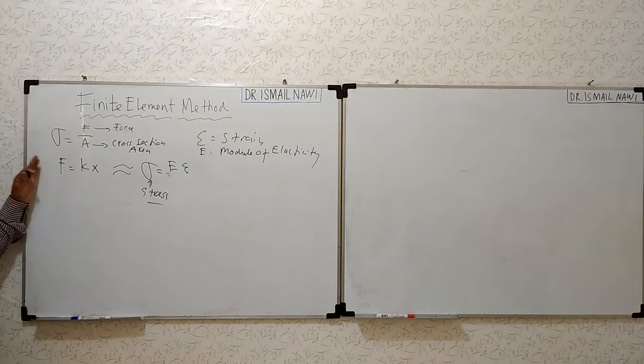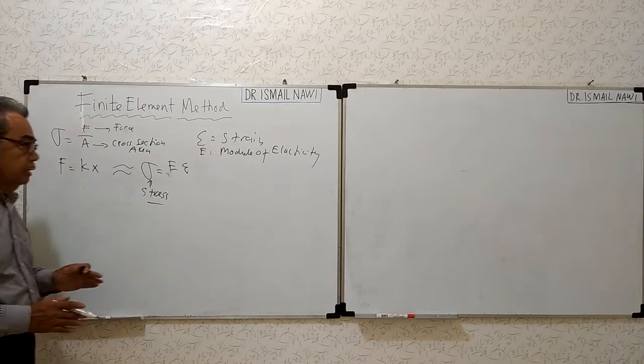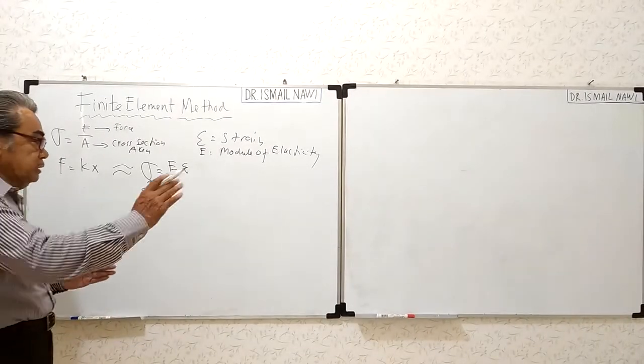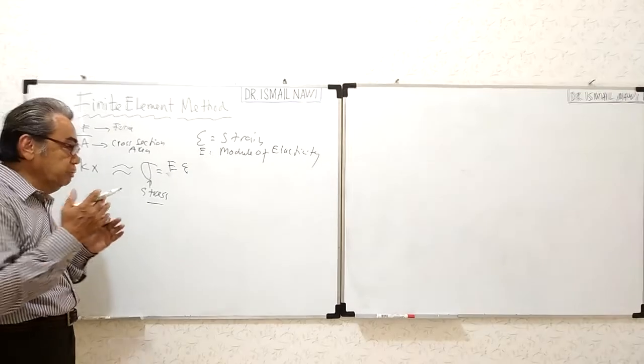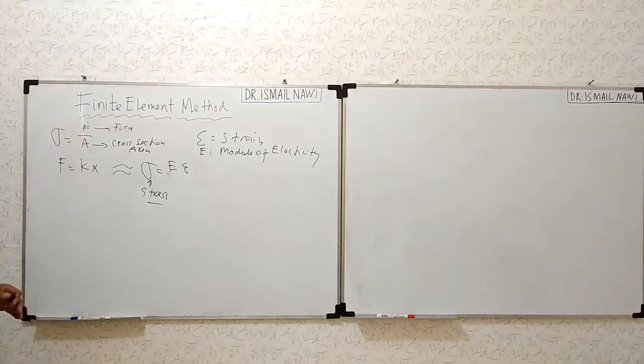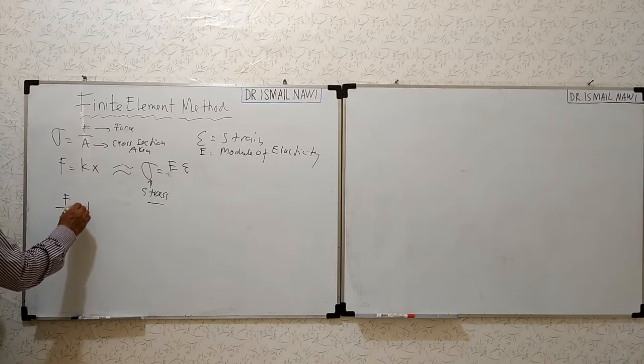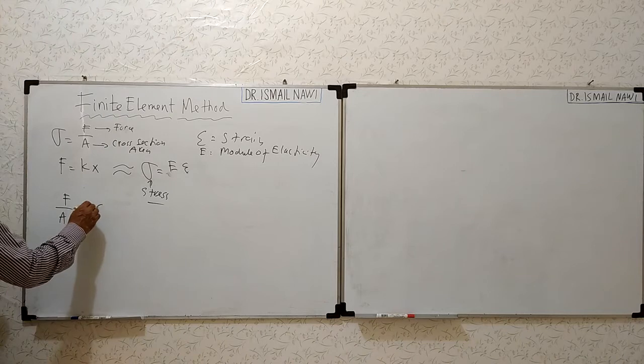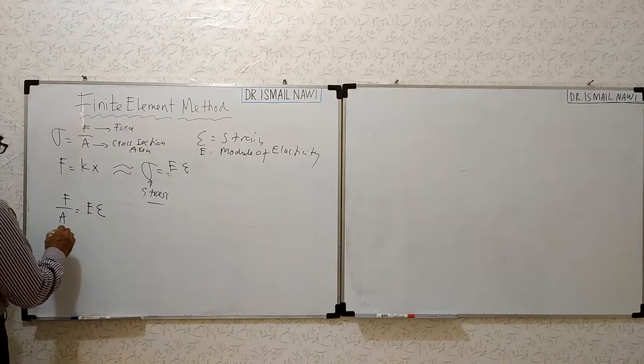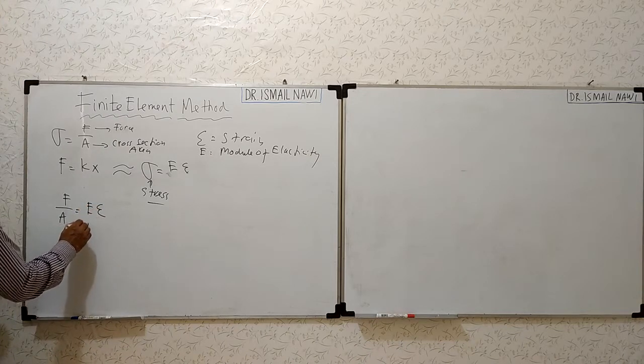This is the very basic principle to move to the next calculation, the next method of finite element. So from here, we see that F divided by A equals E times strain, and F is AE times strain.